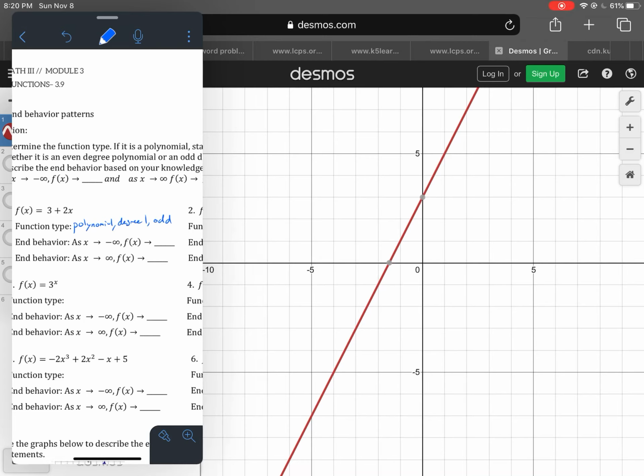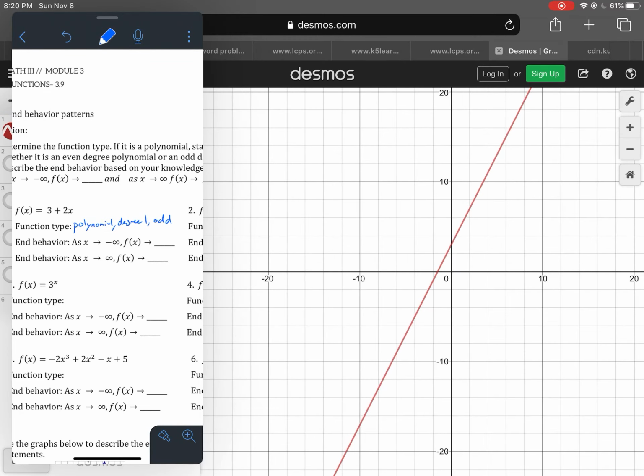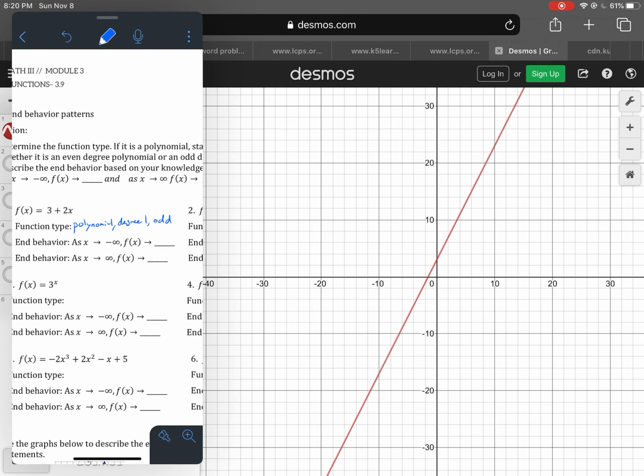So it says end behavior: as x goes to negative infinity, f of x goes to what? Let's look. If I zoom out, we can see as x goes to negative infinity, going negative 10, negative 20, negative 30. As we're going more negative, what's happening to the function? Well, the function's going more negative, right?